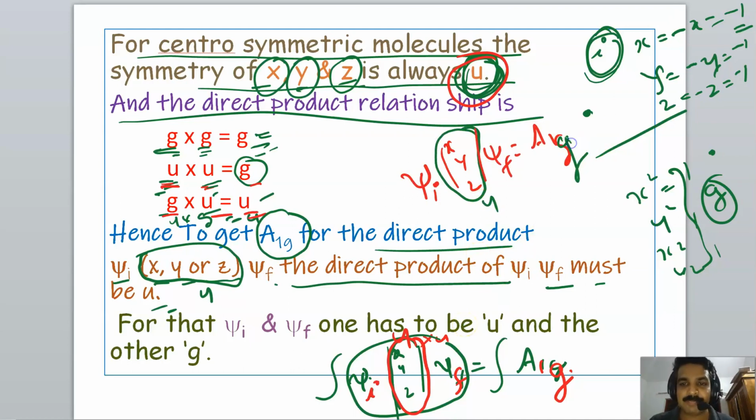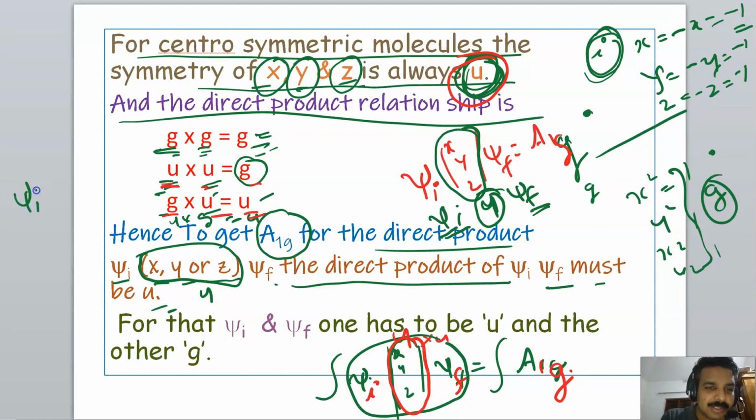We want to get g. Then the direct product of psi I and psi F should be which one? u. Then only u into u is equal to g. Understood?